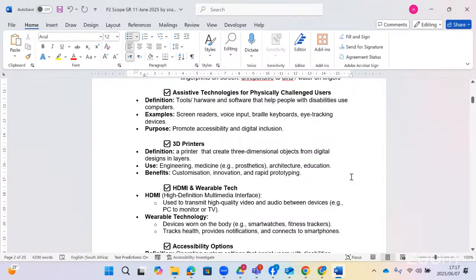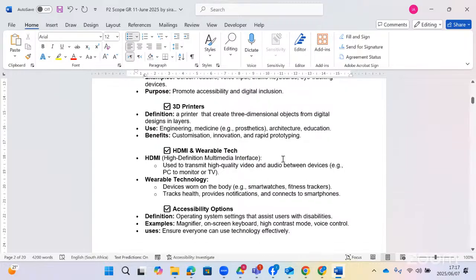Like for education, the toys for the crèche and those preschools, they are being created using the 3D printer. Now, you must also know the disadvantages, like the toxic waste. Emission of this toxic waste can be harmful to the environment. The chemicals that are used to produce these things can be harmful to the environment as well.